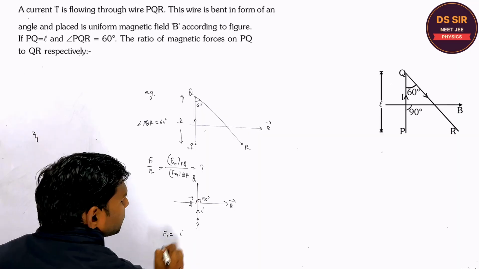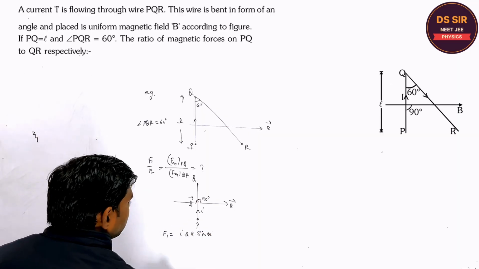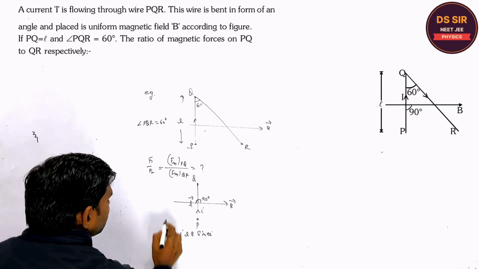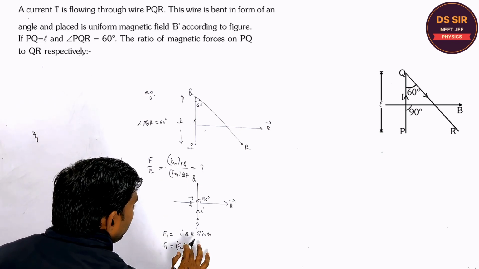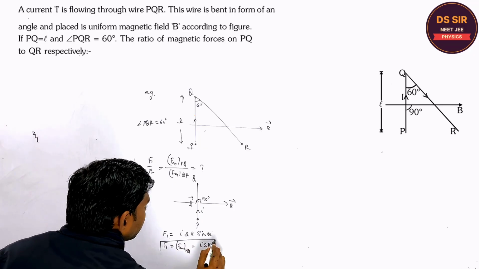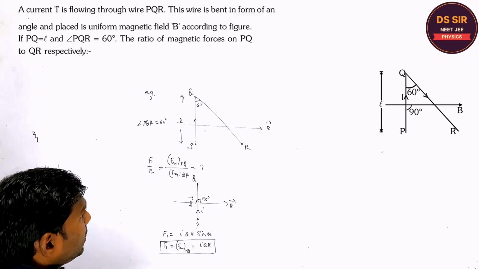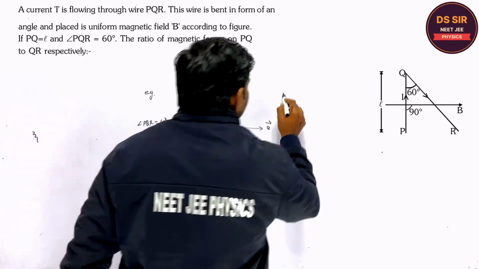Say current is I, L B sin 90. Is it clear or not, you tell? The magnetic force on PQ wire is equal to what? Say ILB.